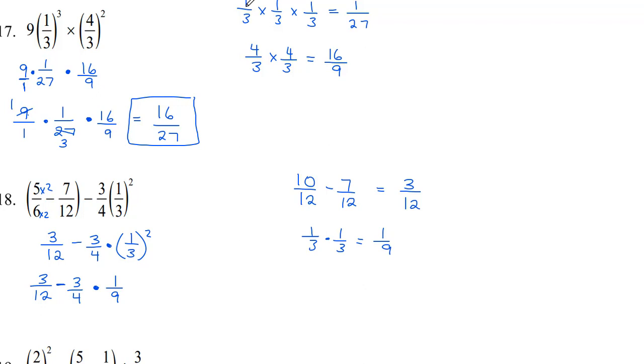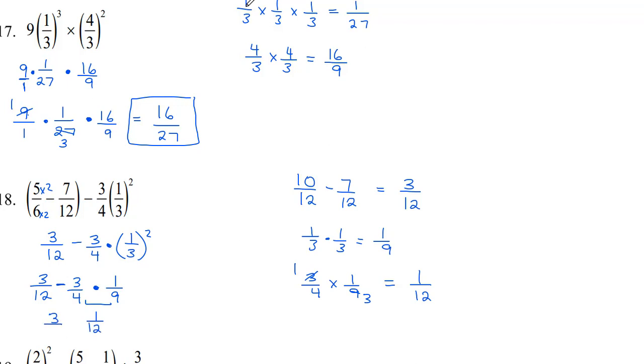Well, I can't subtract until I multiply, so I'm going to multiply 3/4 times 1/9. I can reduce here and here, divide by 3, and that equals 1/12. So that is done. So 1/12.